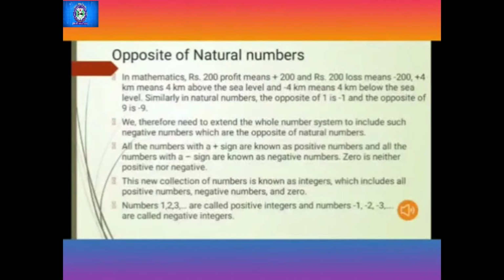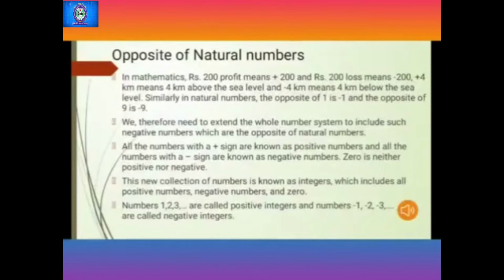We therefore need to extend the whole number system to include such negative numbers which are the opposite of natural numbers. All the numbers with a plus sign are known as positive numbers and all the numbers with a minus sign are known as negative numbers. 0 is neither positive nor negative.